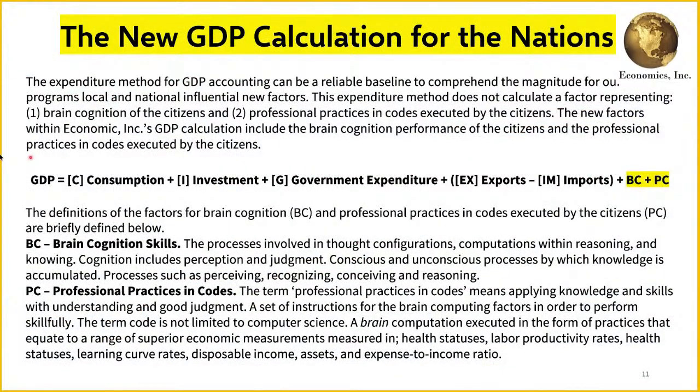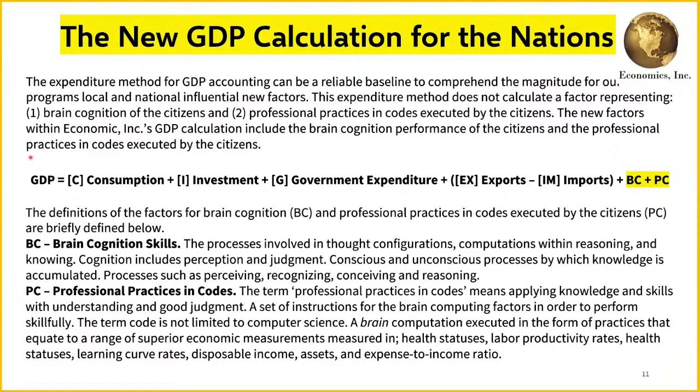All right, so let's look at the new one more in detail. The expenditure method for GDP accounting can be a reliable baseline to comprehend the magnitude for our program's local and national influential new factors.